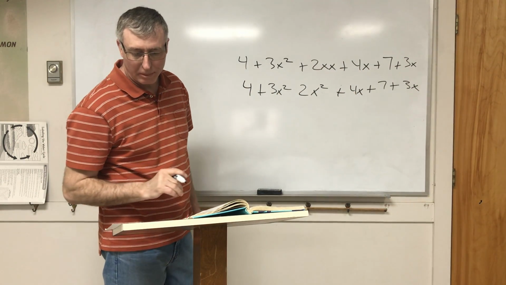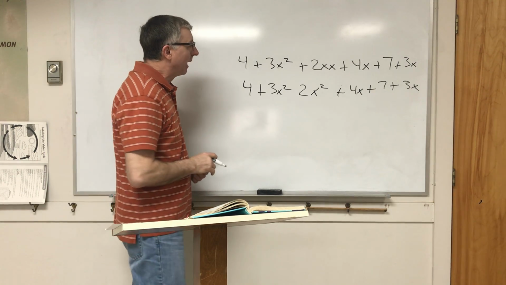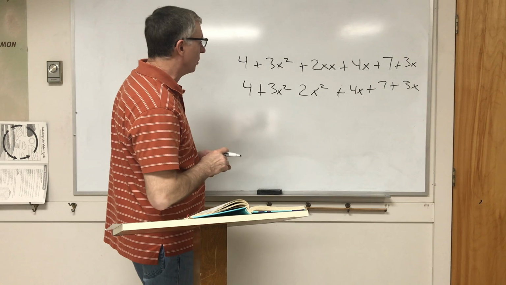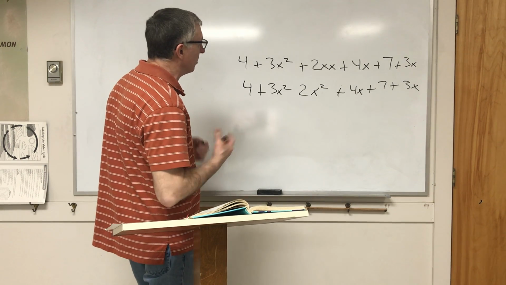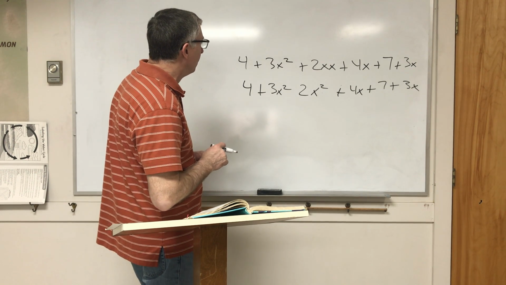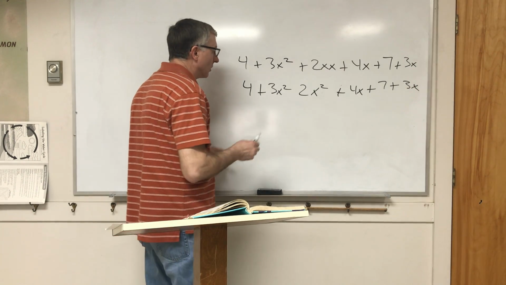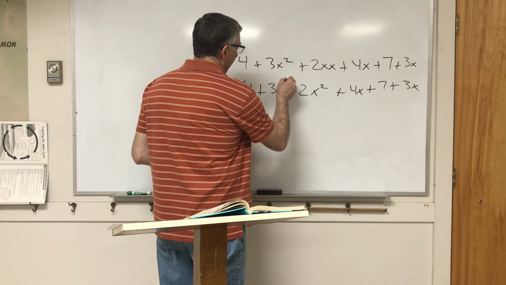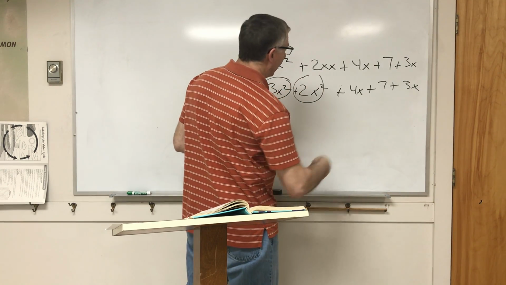Choose one term and then combine all like terms with that term. And so it doesn't really matter which one we choose. Again, try to go in alphabetical order. I think it makes it a little bit easier, but that's up to you. All right, so what are the like terms here? Let's go with x squared. So I see this term, and that's it.